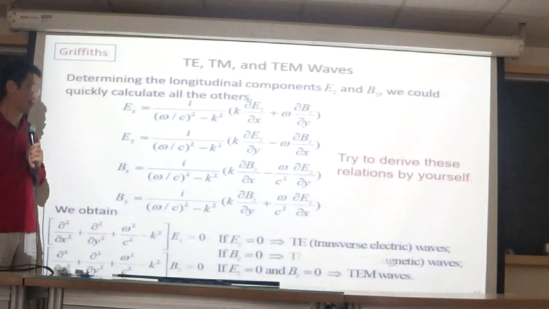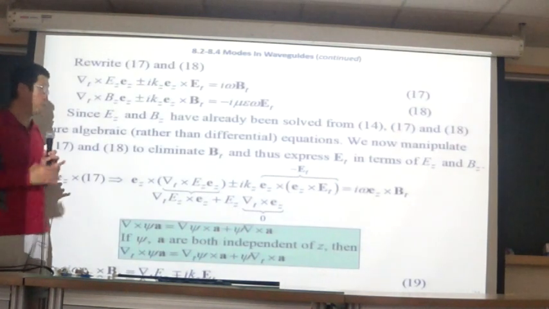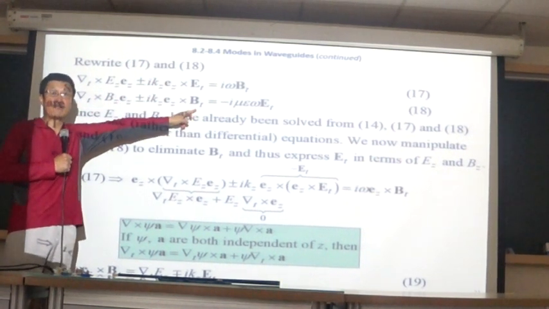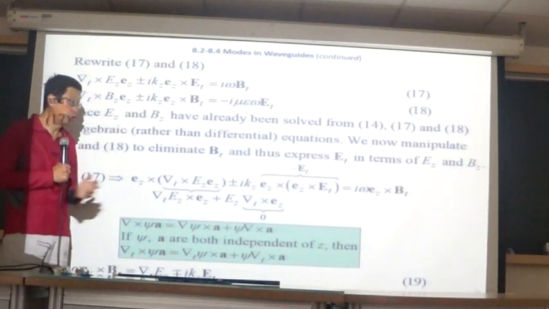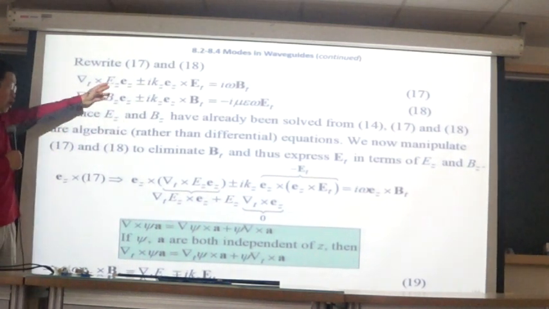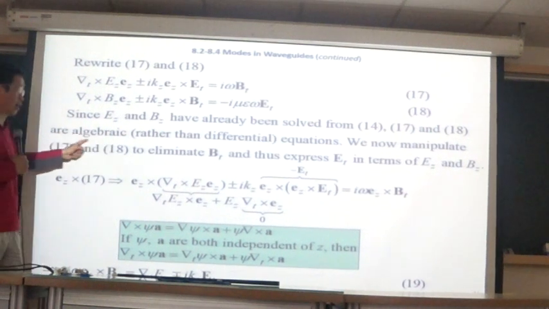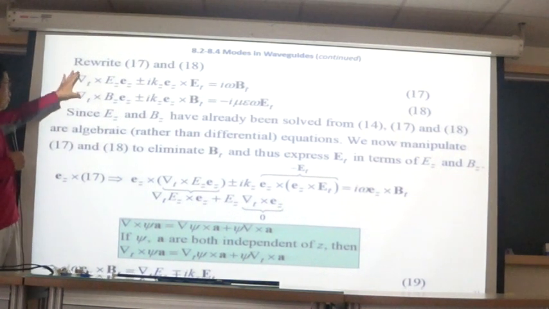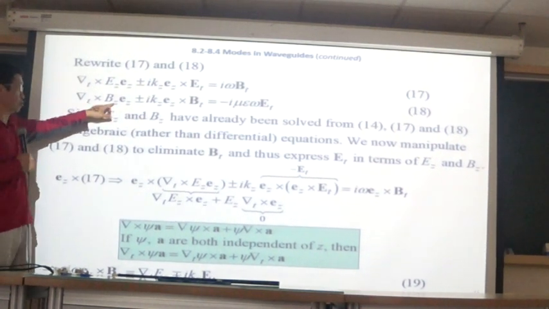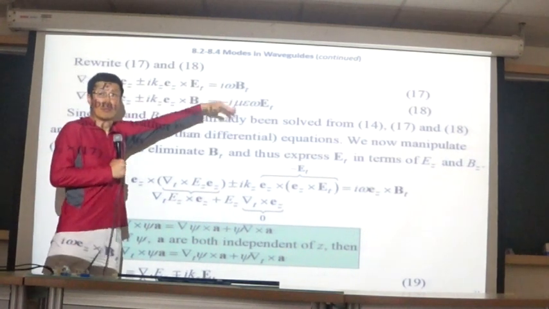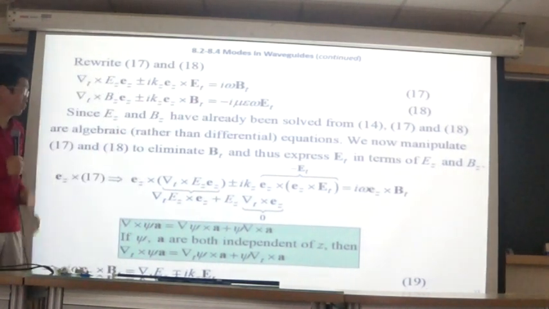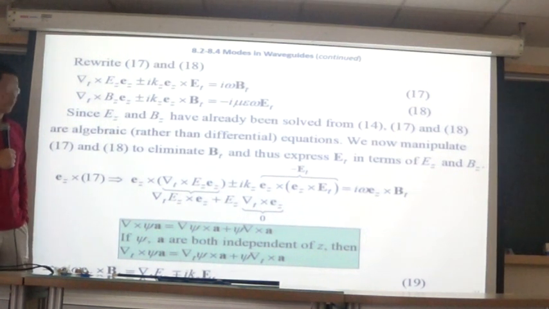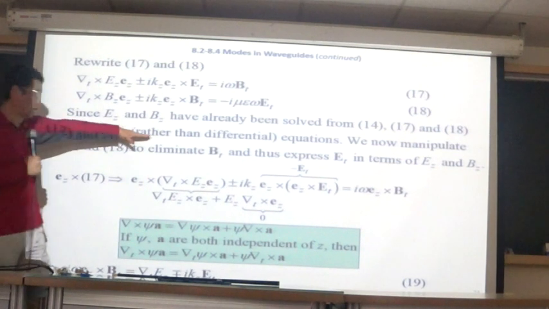So what's next? With EZ and BZ, we can calculate E transverse and B transverse from these two equations. How to do that? These two equations are algebraic. Because we just operate on this one and operate on this one. There is no differential, no integration, so it's not a differential equation.